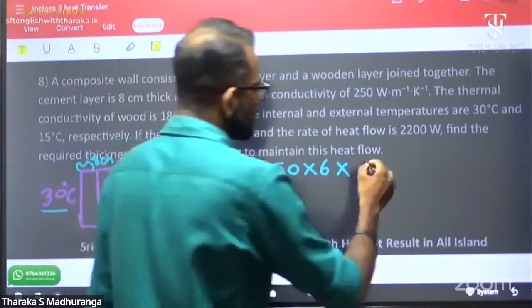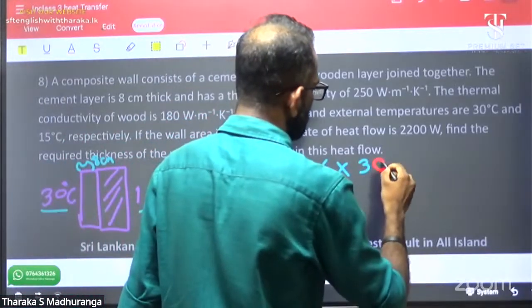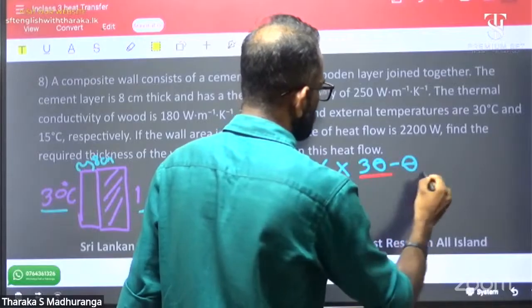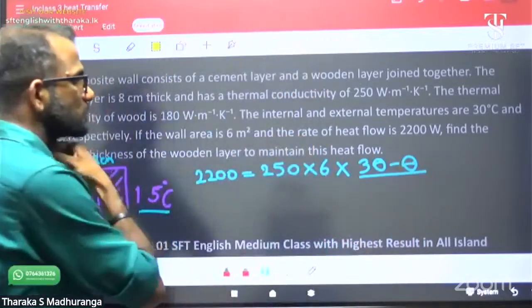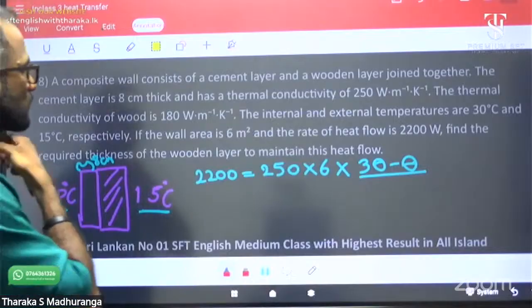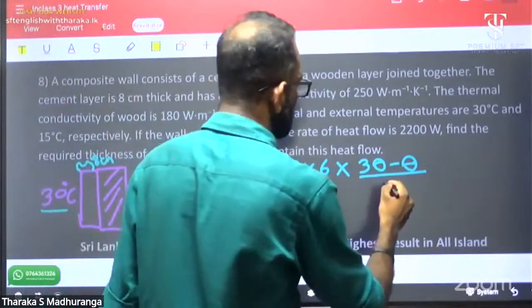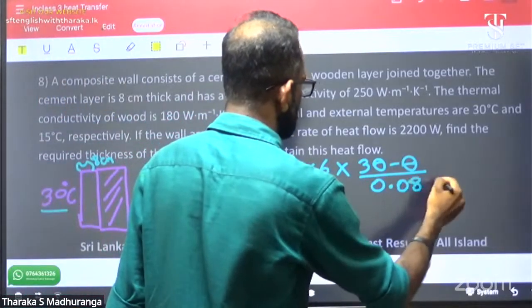Then 30 minus theta is the temperature difference, divided by 0.08 meters.